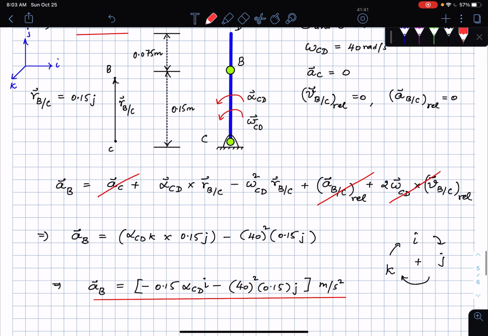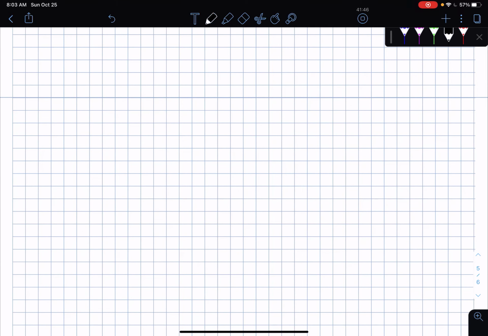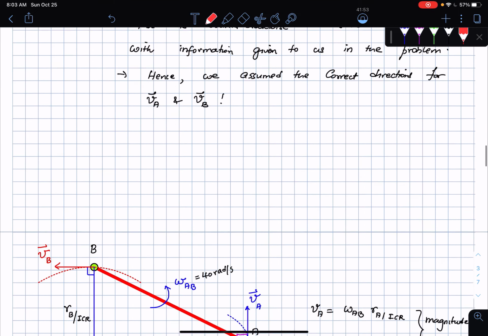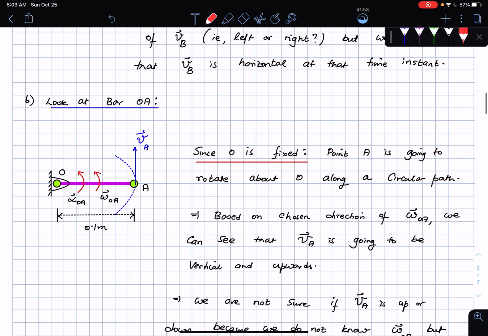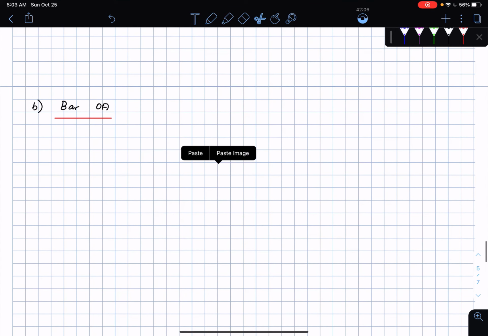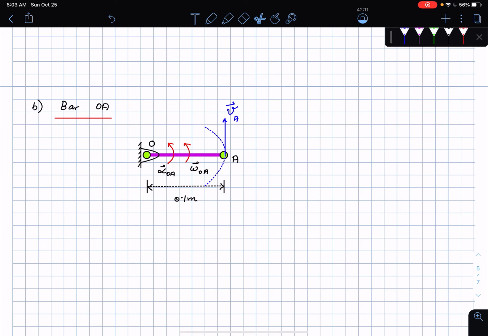Then let me grab the next easy bar. Let me go to bar OA. All right, so this is what we had so far, bar OA. If I go up and bring the cleaner looking figure from here, you see this is nothing but the same vector equations that you had been using in the past. There is not much of a difference in these things.